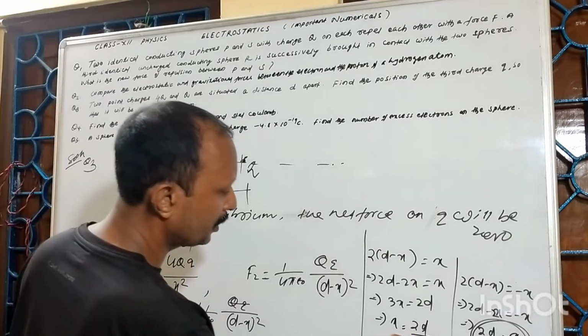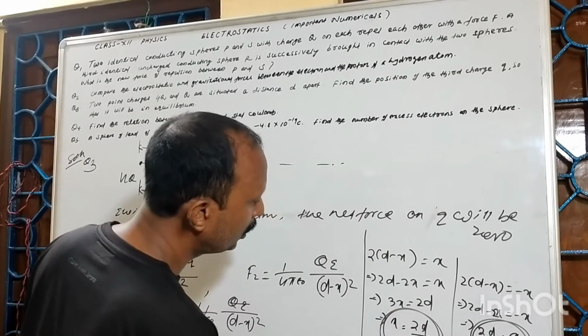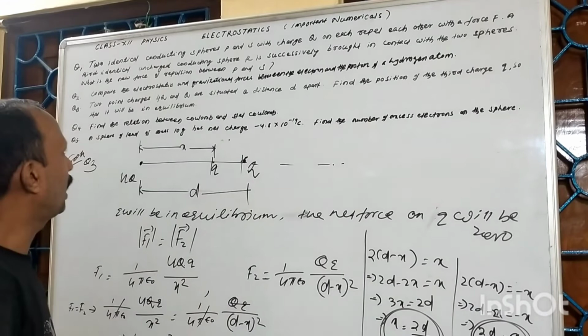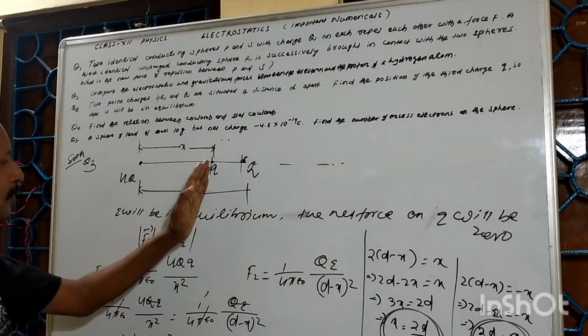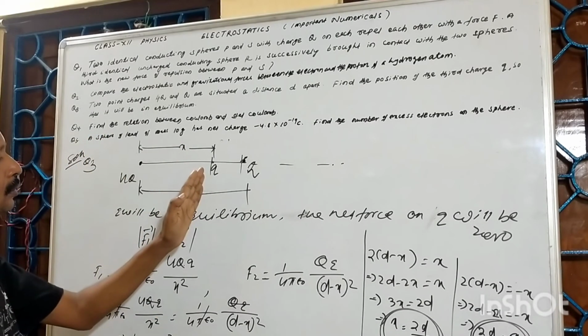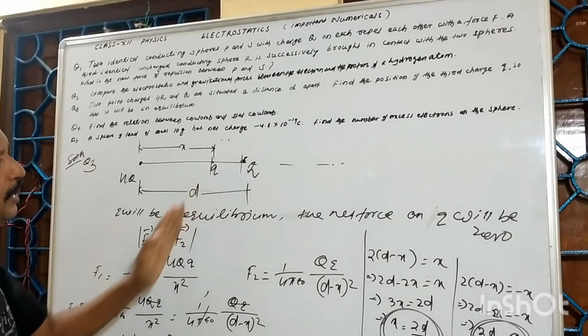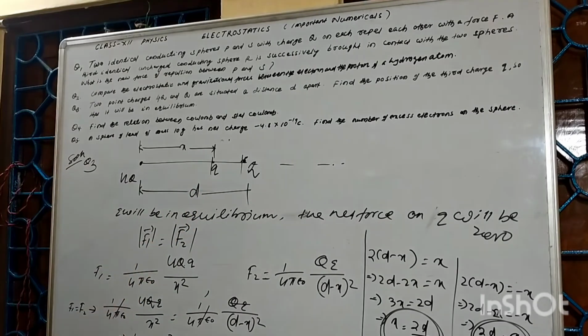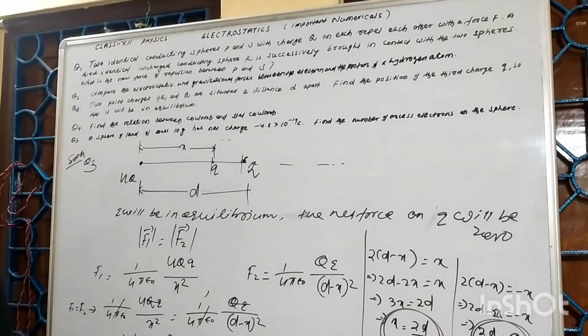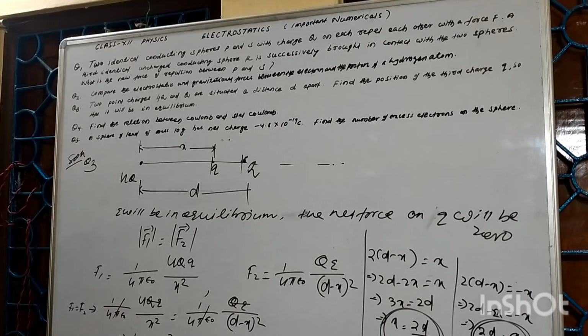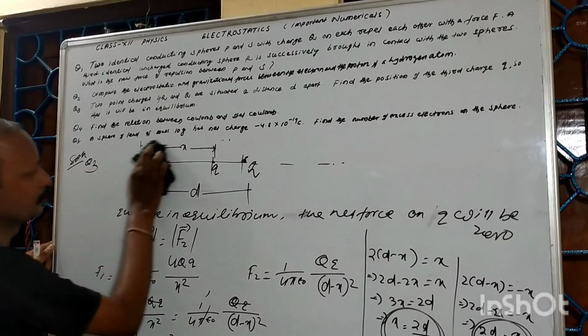So the answer is x equal to 2d by 3. At x equal to 2d by 3, the charge Q will be in equilibrium. I hope that you understood this answer. So now I am rubbing it and moving to the next question.